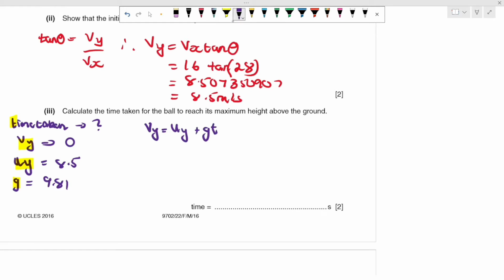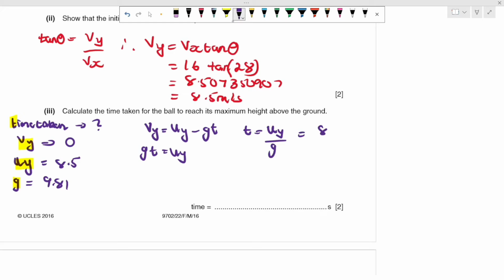But we know that g will be acting down, because g is the weight which acts down. So basically this can just be a negative because g will be negative acting down. But Vy is 0, so it means that g times t will be equal to uy. So your t will essentially be equal to your initial velocity in the y divided by the value of g.